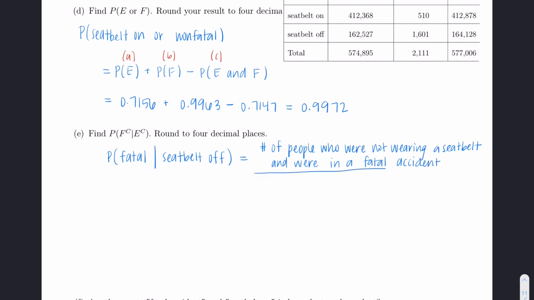And I'm going to divide it by, since this is based on the condition that they were not wearing their seatbelt, I'm only going to consider the total number of people who were not wearing their seatbelt, which is this 164,128. So I'll write that out in words real quick. So total number of people not wearing a seatbelt.